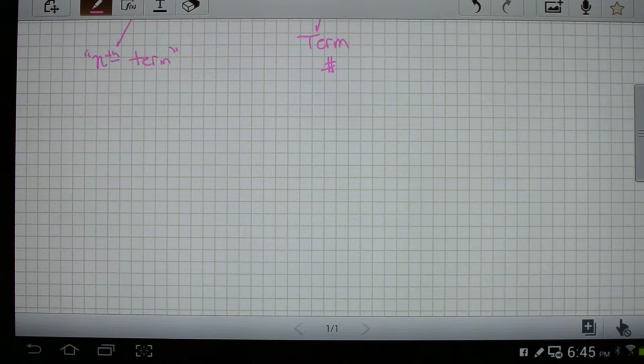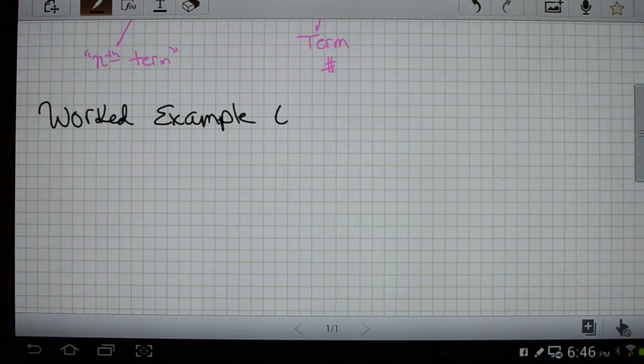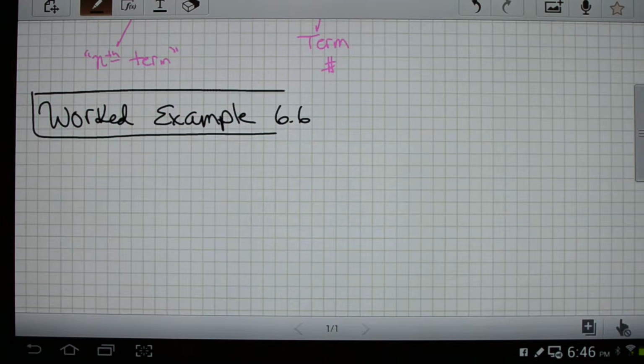So let's go ahead and do worked example 6.6. That is on page 138.